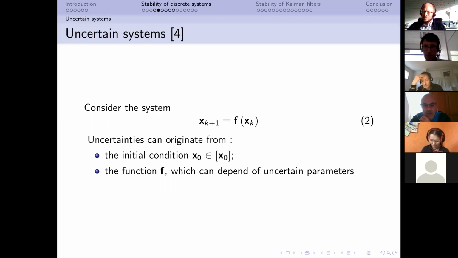There is no such assumption here. Therefore, there are some problems. So you may prove that you have no stability, but it is due to the fact that the noises you consider are not Gaussian noise, but are defined by intervals.